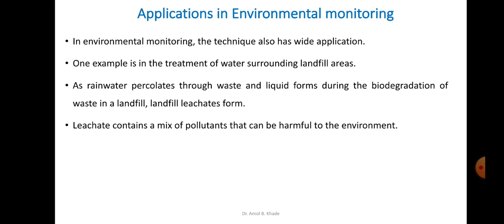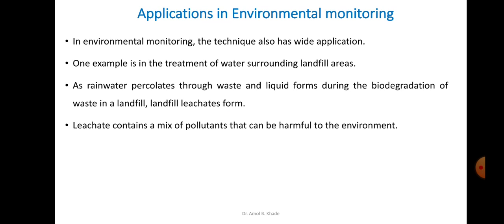One example we can take here is the treatment of water surrounding the landfill areas. You know, the rainwater usually percolates through the waste and liquid forms during the biodegradation of waste in the landfill, and this landfill leaches the contaminants, right. So this leachate contains a mixture of pollutants that will be harmful to the environment, right.